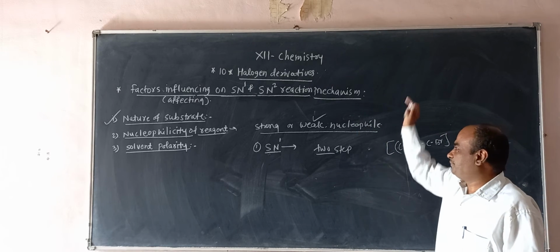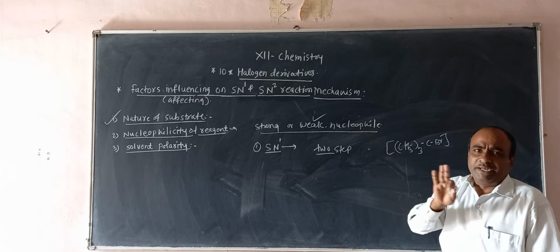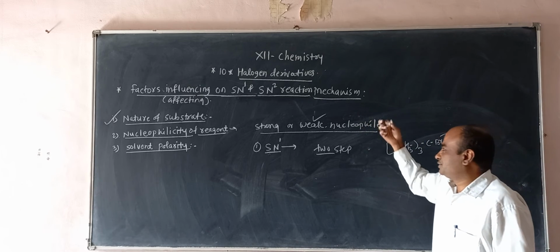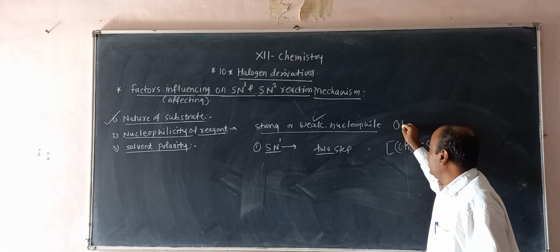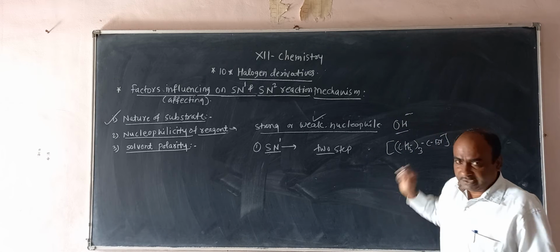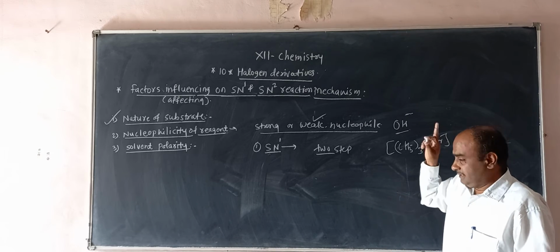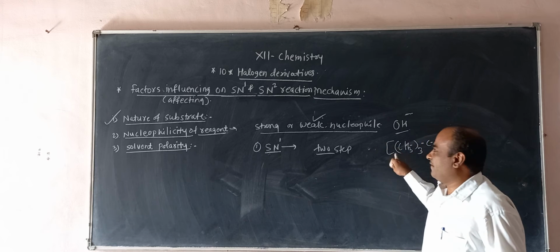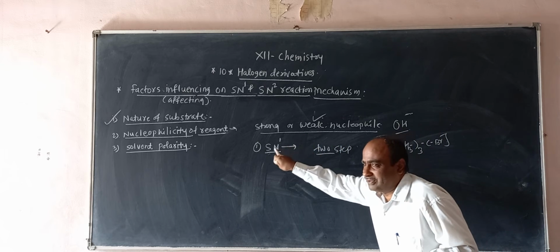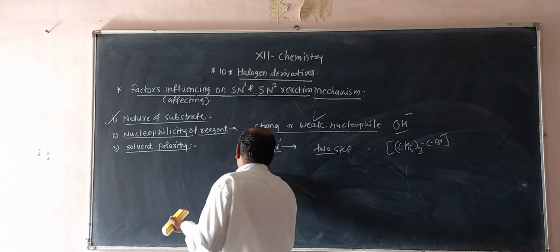So in the first step the nucleophile does not play an important role. If you use a weak nucleophile, the reaction is still favored. So in short, weaker nucleophiles are favored for the SN1 reaction.